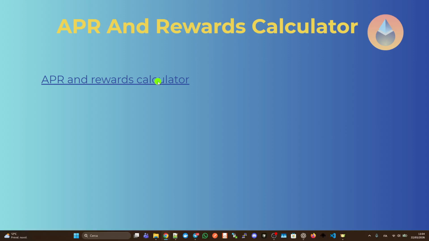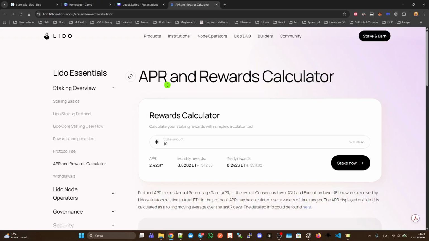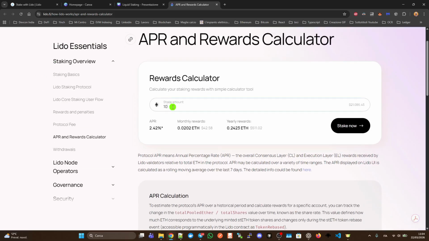So let's talk about APR and the rewards calculator. Let's make an example. This is the website of Lido. Here you can calculate what your reward would be if you stake any amount. Let's say I want to stake 10 ETH. The value of 10 ETH is $21,000, because 1 ETH is worth right now more or less $2,100.